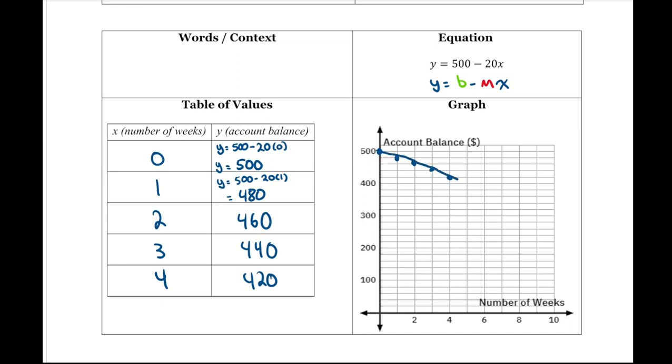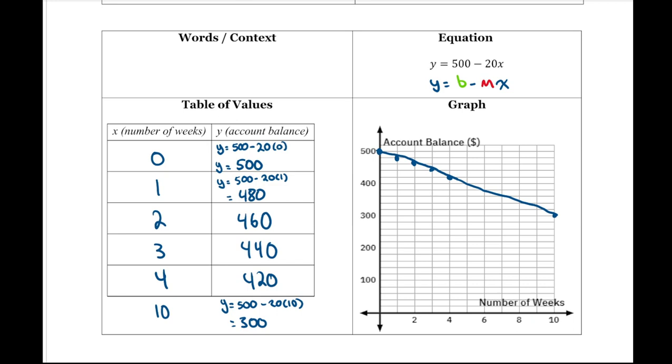Again, we could have maybe done 2, 4, 6, 8, 10, and again, you could use the equation for that. So let's say, for example, at 10 weeks, y equals 500 minus 20 times 10, which we get 300. So at 10 weeks, we're at 300. So again, we have a steady decline. We're decreasing by a specific amount.